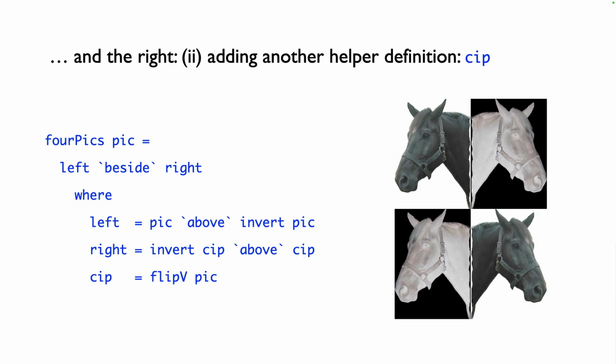So we've added this extra definition that does the flip in a vertical mirror, and then we can describe the right in terms very much like the left. We've got an inverted picture above a picture instead of a picture above an inverted picture. So that's nice and symmetrical. So we've added another helper definition, another local definition. That's one way of doing it.